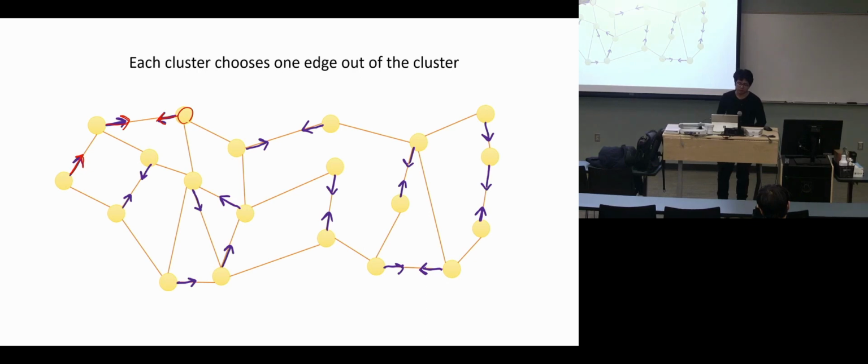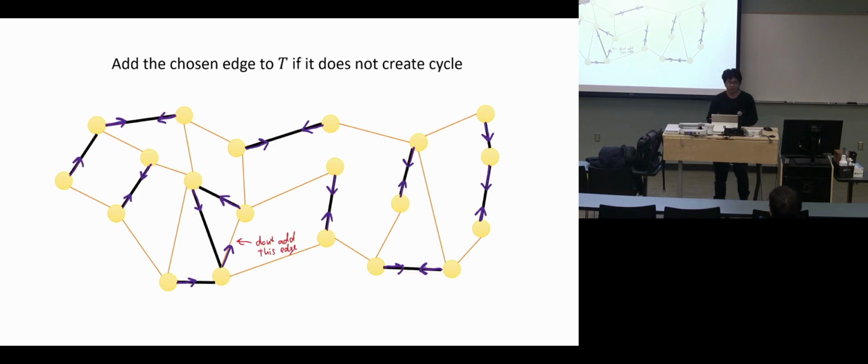Once all the clusters have chosen one edge out of a cluster, what you're going to do is add the chosen edge into your tree. You plan to construct a spanning tree, so you add this edge into your tree as long as it doesn't create a cycle.